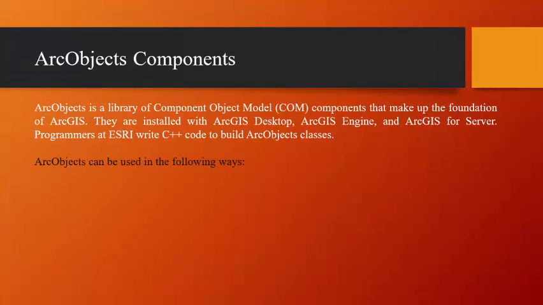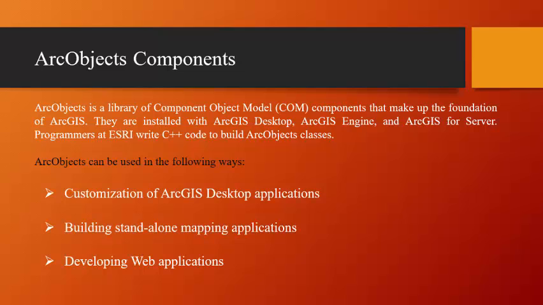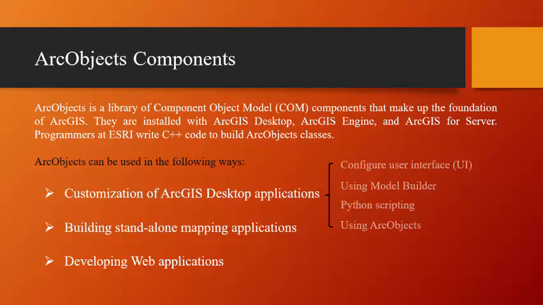ArcObjects can be used in the following ways: customization of ArcGIS Desktop applications, building standalone mapping applications, and developing WebGIS applications. Customization of ArcGIS can be done in 4 ways. Configure the user interface of ArcGIS by using the Customize window, using ModelBuilder, which provides a graphical interface without the need for coding.